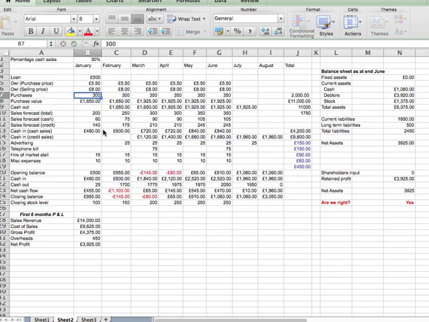The other thing we can play with is the percentage cash sales. Now this is a strategic decision the company has made, that they're going to sell 30% of their sales on cash and 70% on credit.